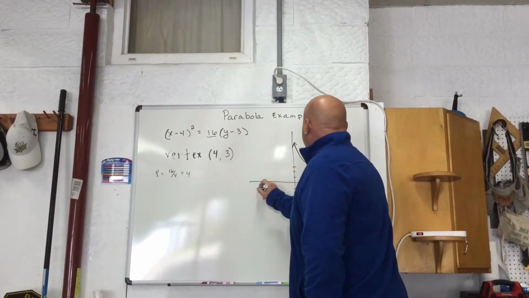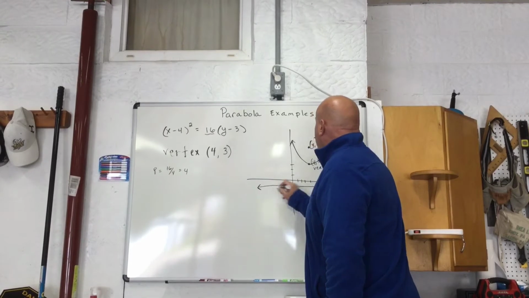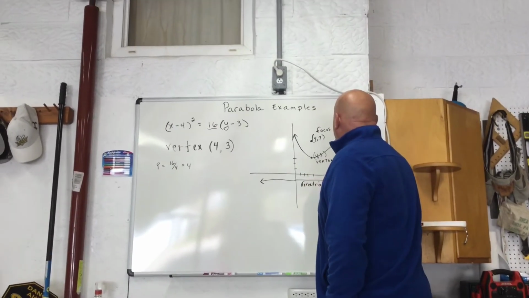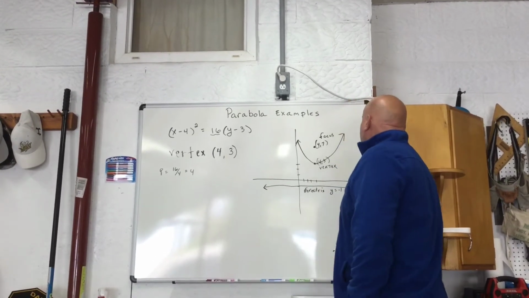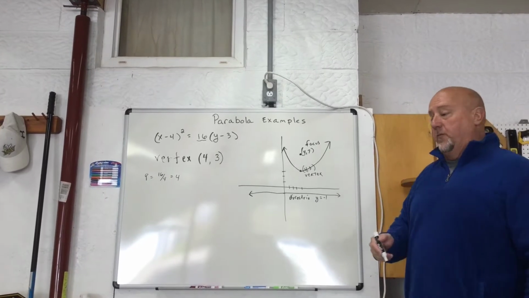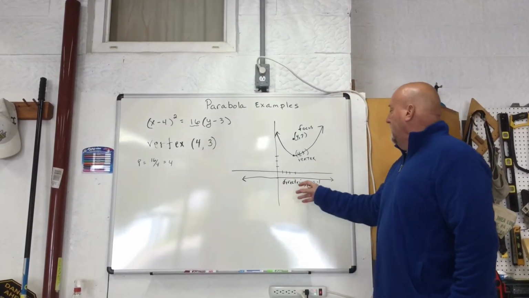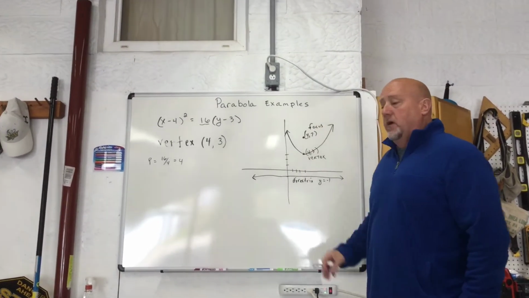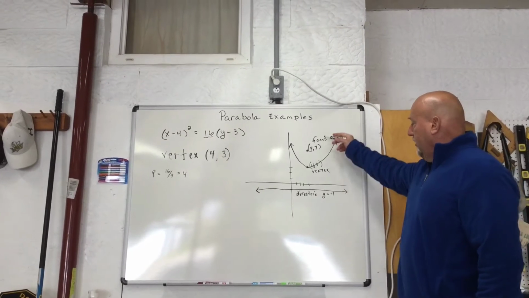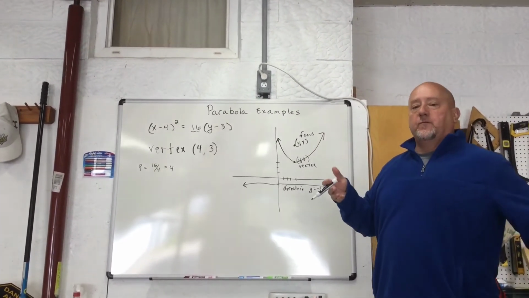And again, the directrix is a line outside of the parabola. It's always perpendicular to the axis of symmetry. And again, the axis of symmetry, referring back to the PowerPoint, is a line that cuts this parabola in half. And so the directrix, focus, and vertex are all major components of your parabola.